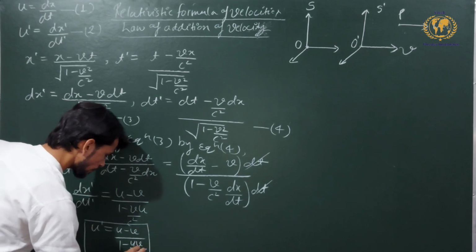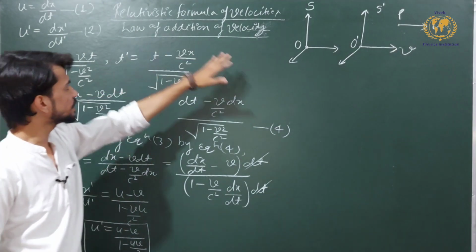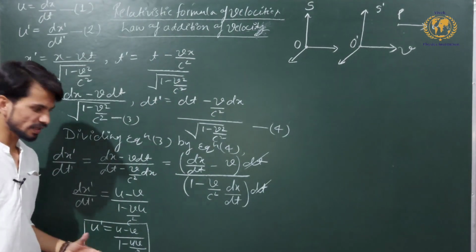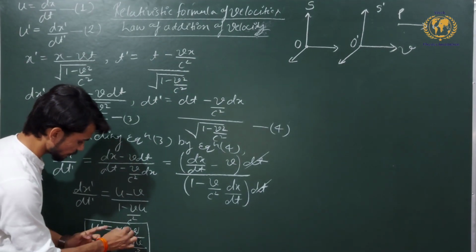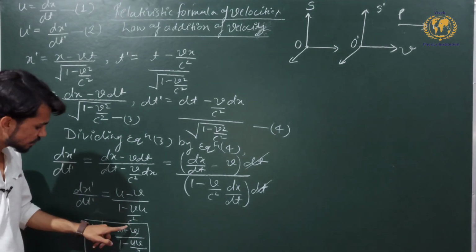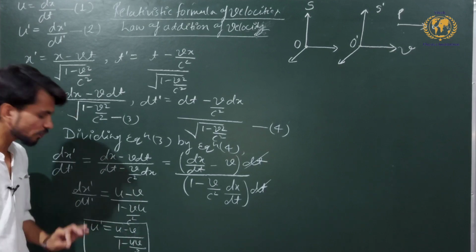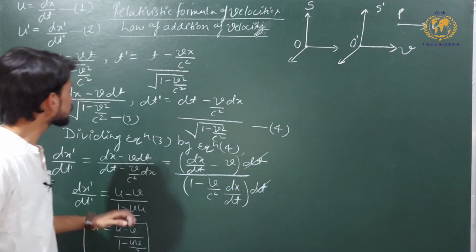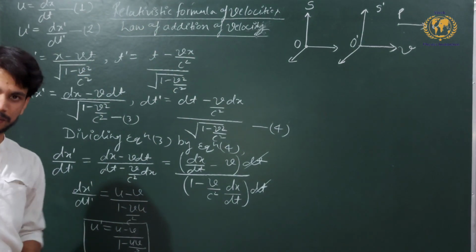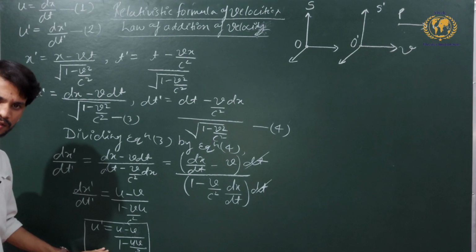So this formula is very well known as the law of addition of velocity, because here velocities are additive in nature. This formula can be written as u plus or minus v. I will write it later. Also, this formula is known as the relativistic formula for the velocity. Now, what is the physical significance of this formula?